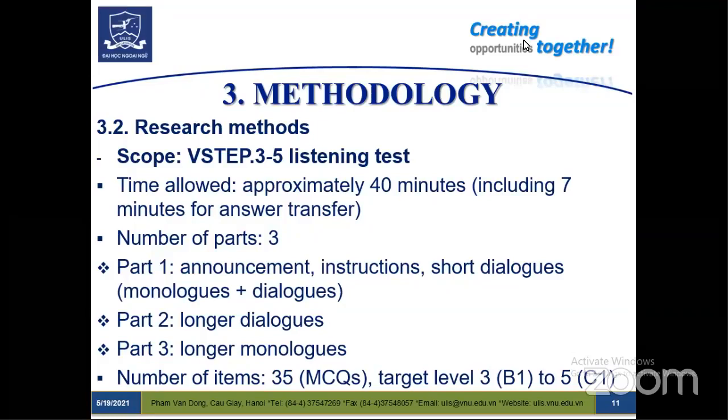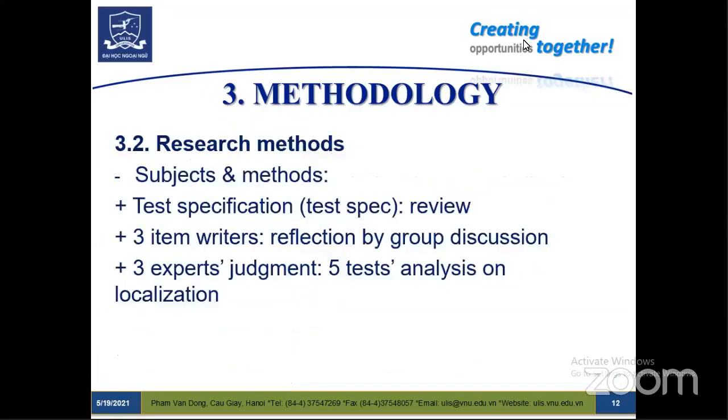And in part 3, there are 15 questions with 3 monologues. They are all longer dialogues or longer monologues. The number of items is 35, all multiple choice questions. And the target level is from level 3 to level 5.